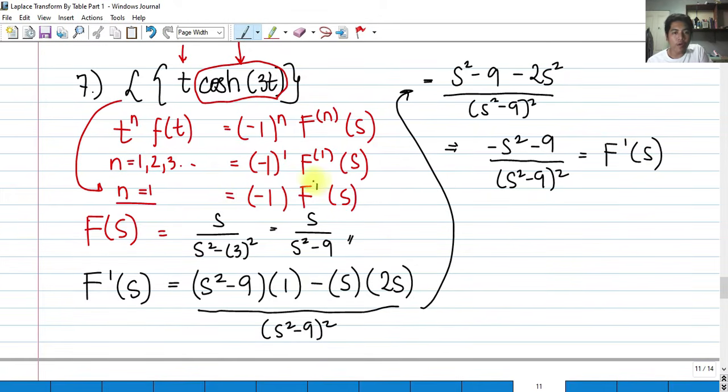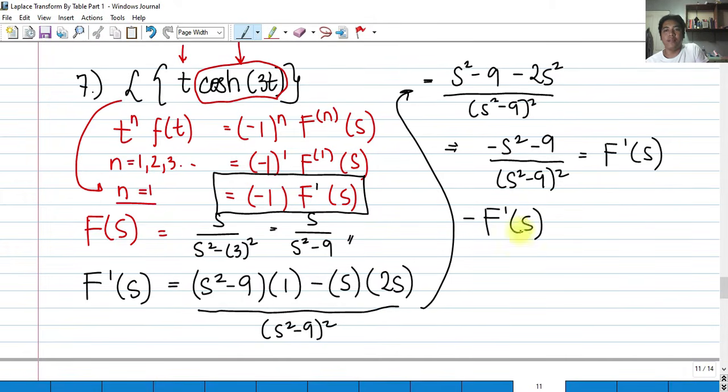As we can see, our formula to be used to get our Laplace transform for this example, we should multiply this F prime of s by negative 1 so that our final answer should be negated. So we apply the negative sign: negative of negative s squared minus 9 over s squared minus 9 squared.